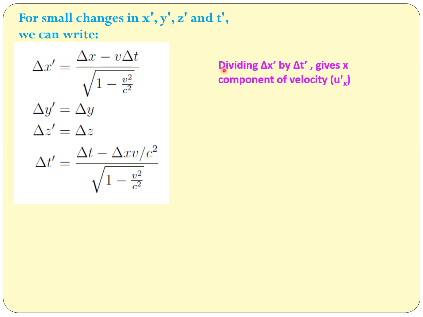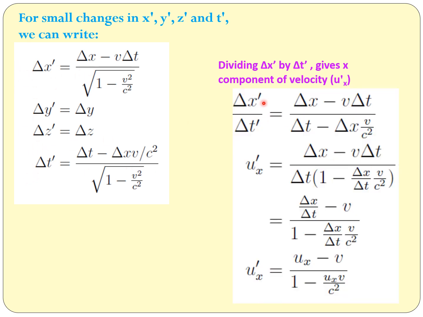And if we divide the first equation by the fourth equation, delta x prime by delta t prime, we will get delta x minus b delta t divided by this factor, and in the denominator delta t minus delta x b by c square divided by this factor.